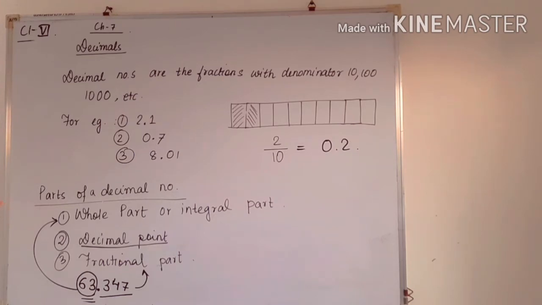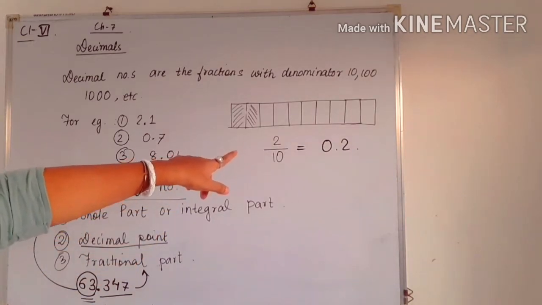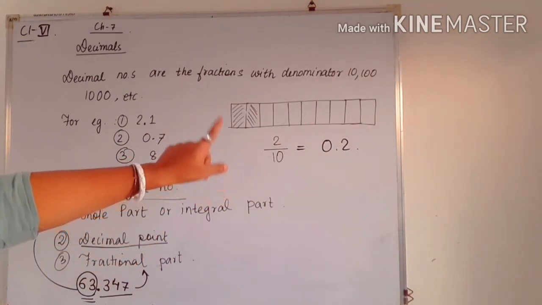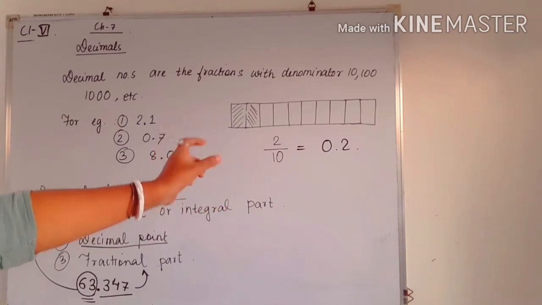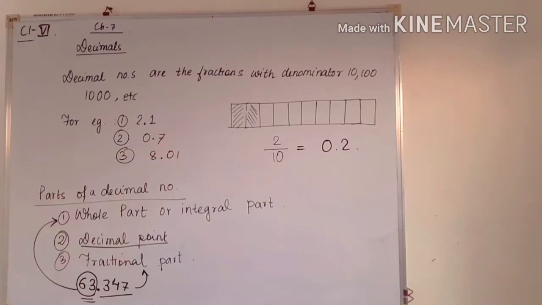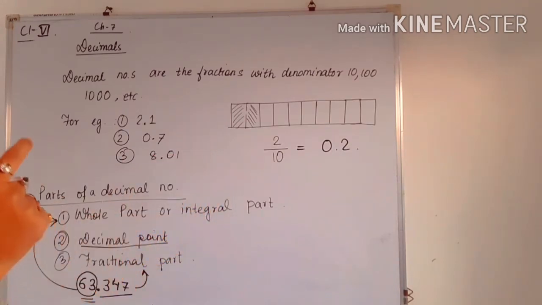So the whole part which we write before the decimal point is 0, because there is no whole here. We are taking 2 equal parts from the whole.